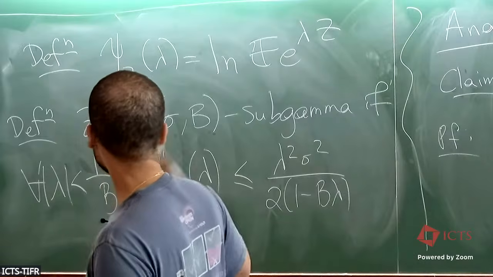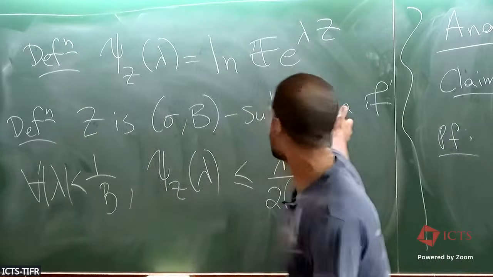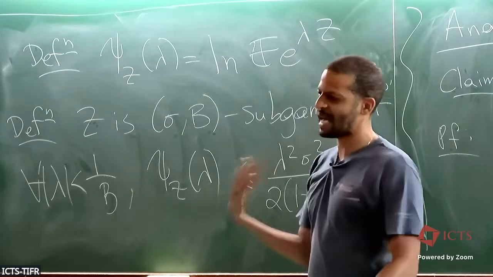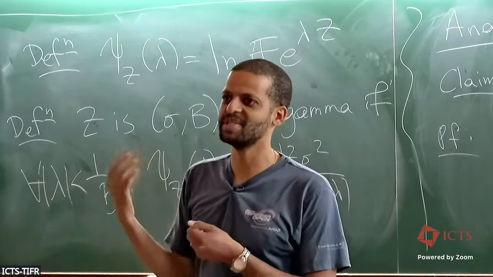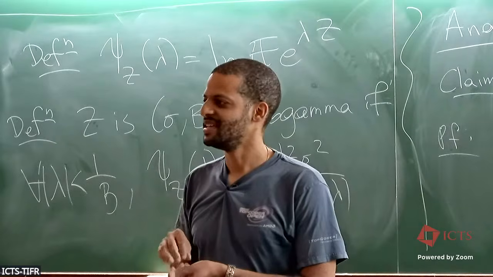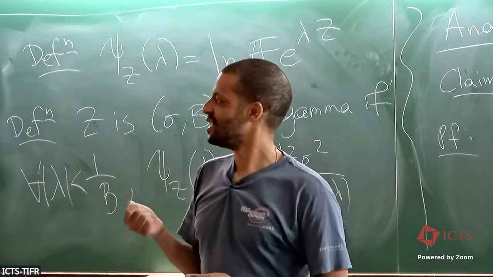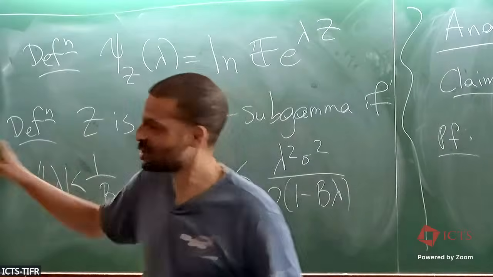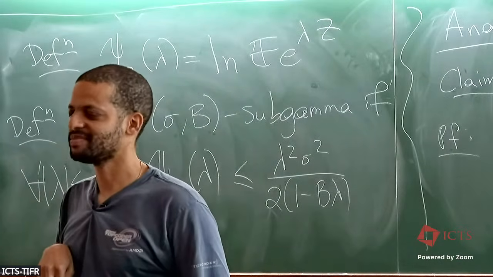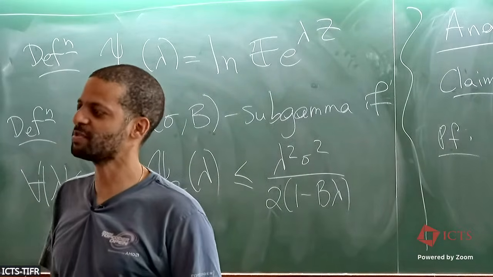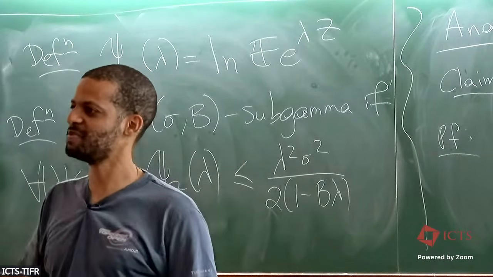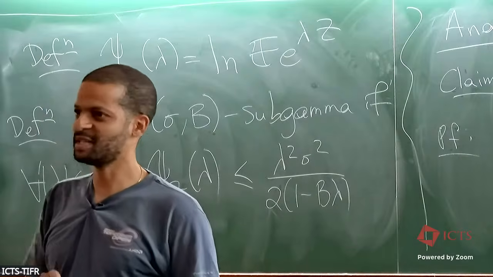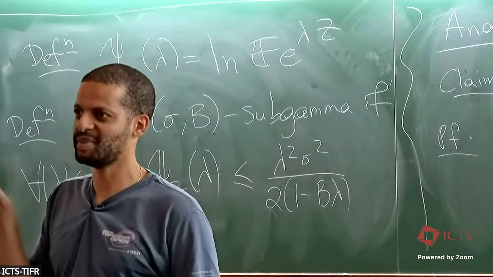Once you have bounds on the MGF, you get tail bounds. Sub-gamma is basically the same as saying your tail bounds look like Bernstein. Next, what you prove is that geometric random variables are sub-gamma. Why? If you have a geometric p random variable, what's the probability that it's bigger than lambda? 1 minus p to the lambda. 1 minus p is at most e to the minus p.